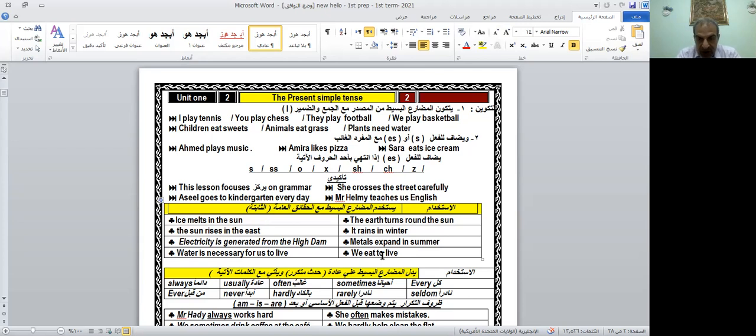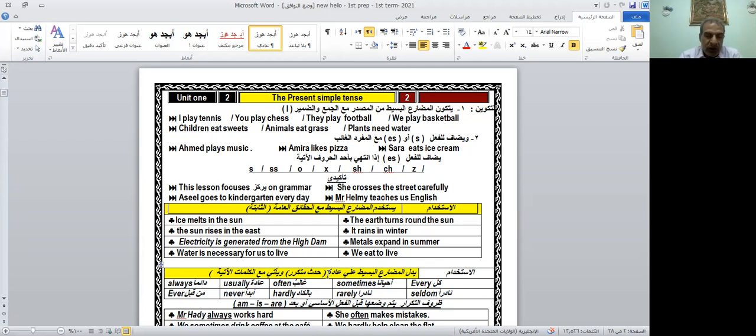So here we have the present simple in fact. We have another usage: it expresses the habit or routine.